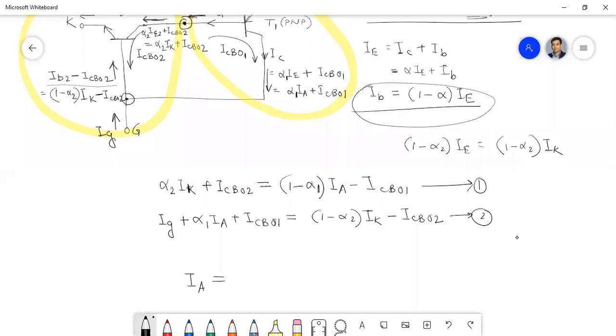I am leaving this to you. You try to eliminate IK, the cathode current, and write the expression in terms of anode current. In the expression, you will have gate current, ICBO1, ICBO2, alpha 1, alpha 2, etc.